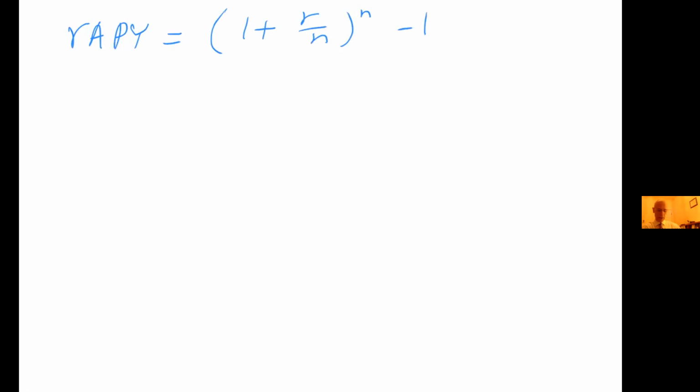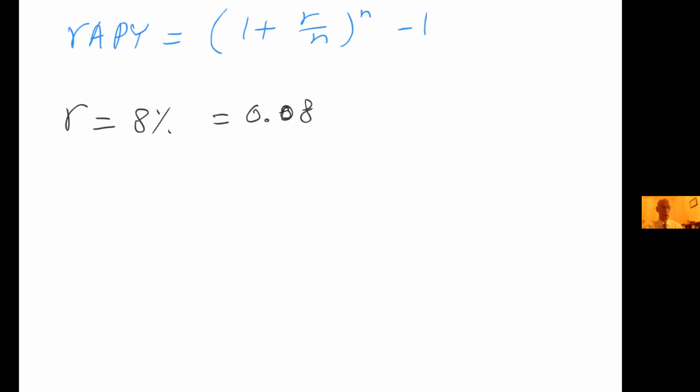Okay. So in this theoretical question, we know that the interest rate was 8%, which is 8 divided by 100, which is 0.08.